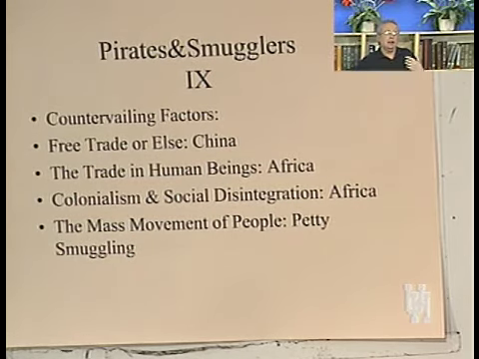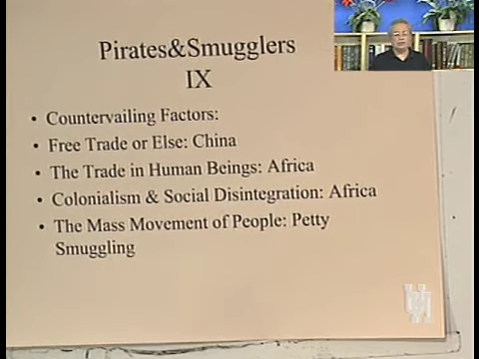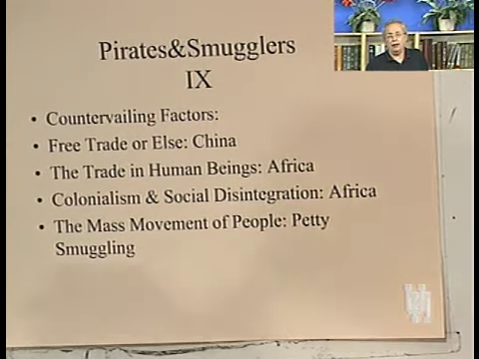Now, in terms of the mass movement of individuals, we've just looked at changes in transportation. And we have seen, of course, the vastly improved ability of transportation systems, both by sea and by land, by ship and by rail, to move large bulk cargoes. Well, not to be too crude, but that's what human beings are.